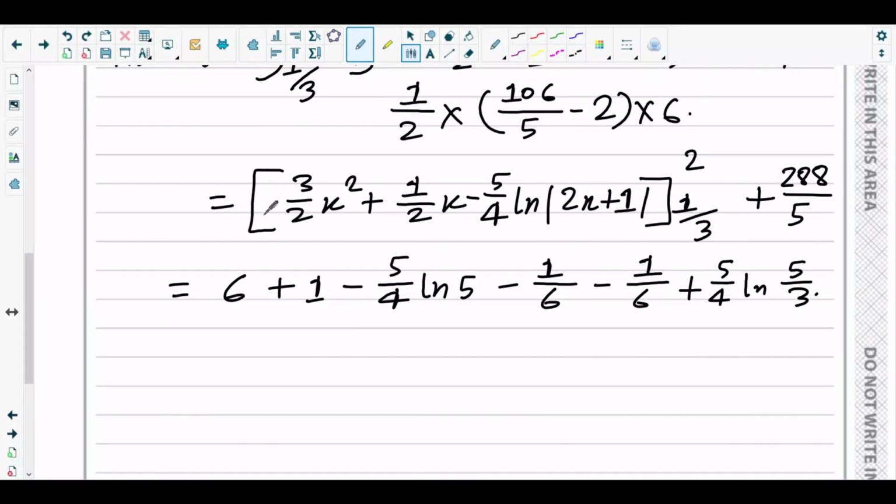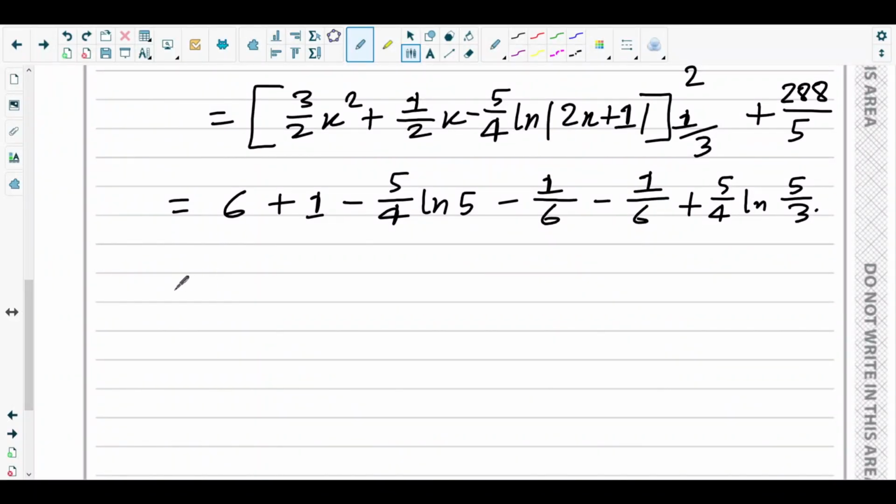Done. Now just do the calculation, just do the manipulation. 6 plus 1 is 7. 7 minus 2 over 6, which is 1/3. 7 minus 1/3 is 20 over 3.